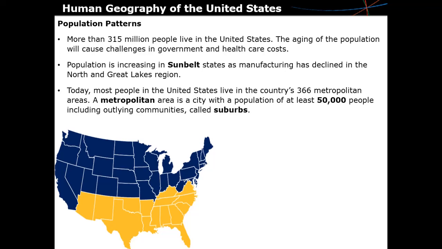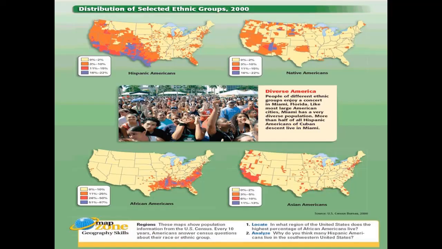So, like here we have Houston, and then we have outlying little communities around Houston that are not just buildings stacked on top of each other. There's more houses with a little bit of land. We call those suburbs.